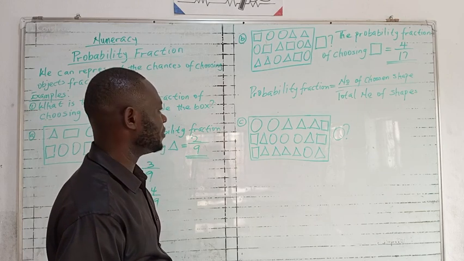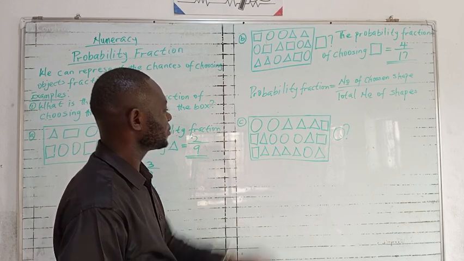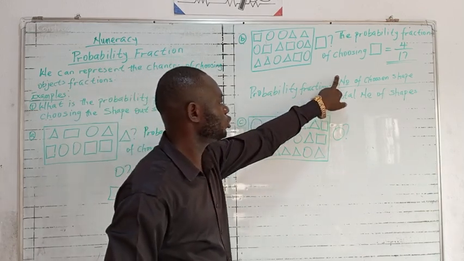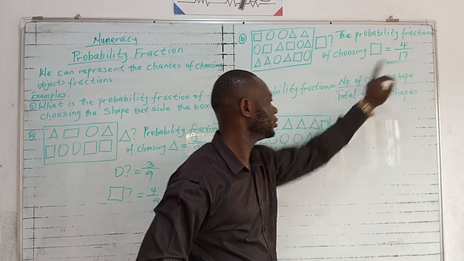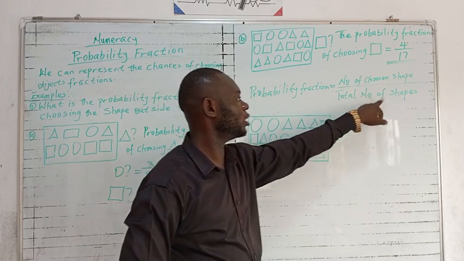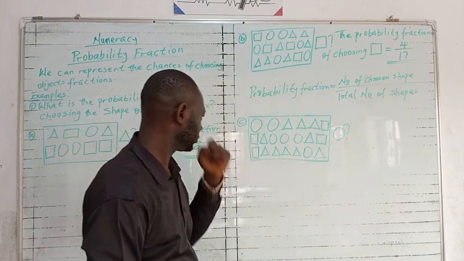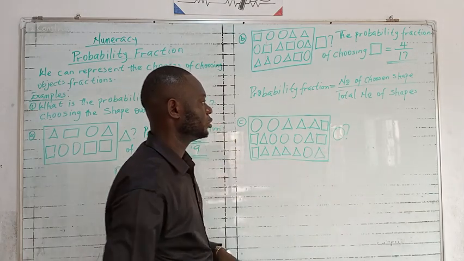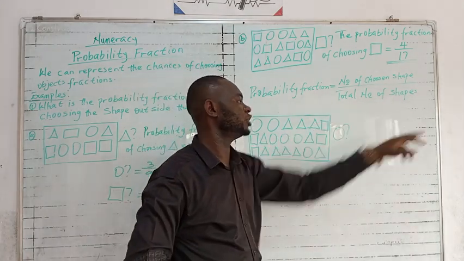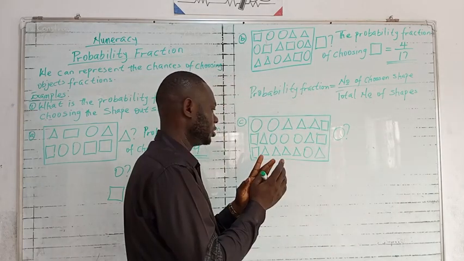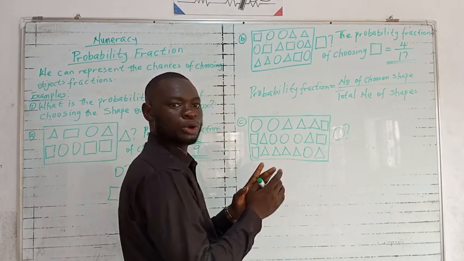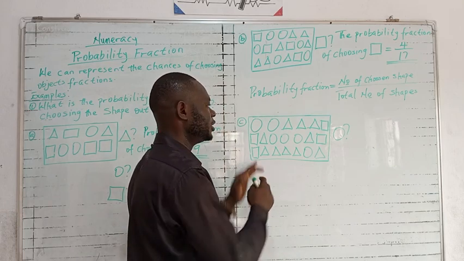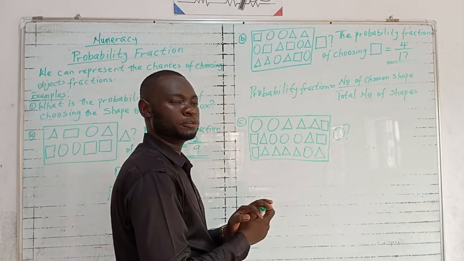So what did we say that the formula for probability fraction is? We said that probability fraction equals number of chosen shape all over total number of shapes. What is the chosen shape? Circle. What are the total number of shapes? All the shapes in the box. So we find the number of circles and we find the total number of shapes.